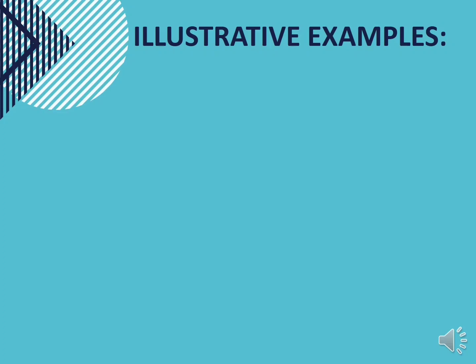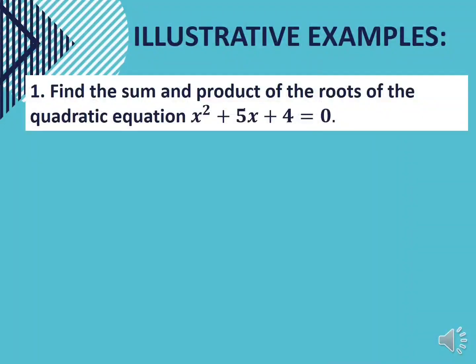Now, let us have these illustrative examples. Find the sum and product of the roots of the quadratic equation x squared plus 5x plus 4 is equal to 0. Now, we are looking for the sum and product, meaning we don't have to actually solve for the roots. Ang hinahanap lang ay sum and product. In this case, we can apply the sum and product formula.